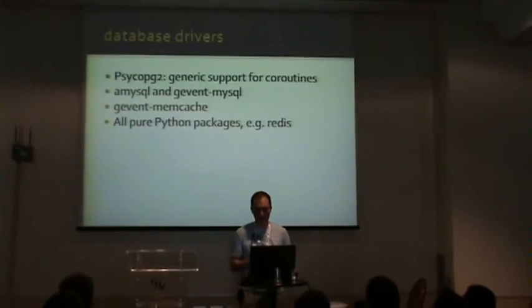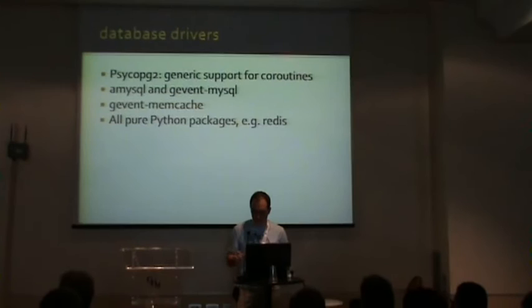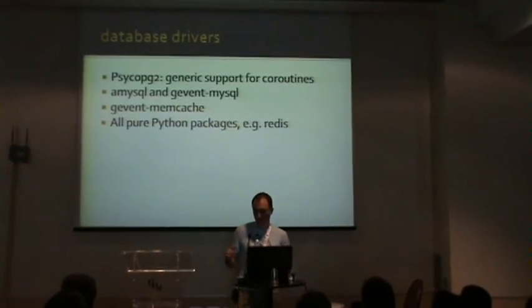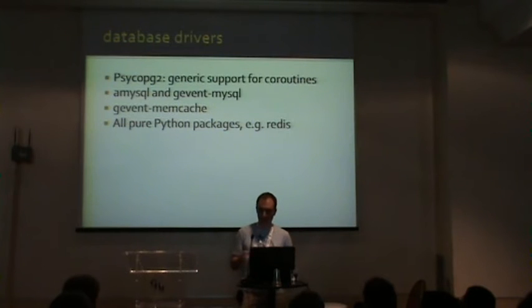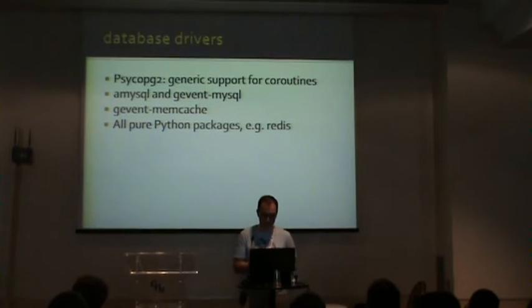Psycopg2 is a wrapper for C libraries that works with Postgres. It has generic support for coroutines. What it does is that it can call your callback that blocks until the descriptor is ready. And you just apply a small function and it automatically supports Gevent.